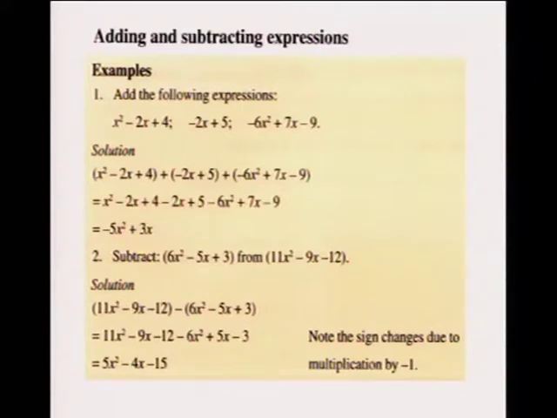First we put the second one and subtract. Then we have 11x squared minus 9x minus 12 minus 6x squared plus 5x minus 3. You add or subtract, in this case, your x squared values, your x values, and your numbers. Note, the sign changes due to multiplication by -1.